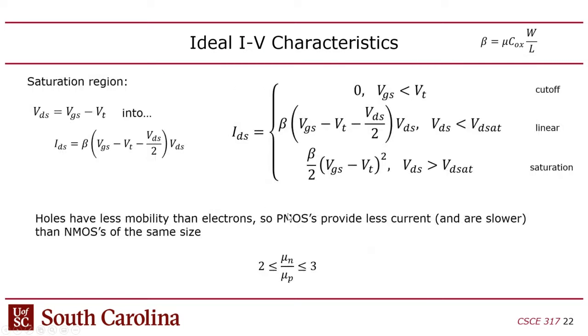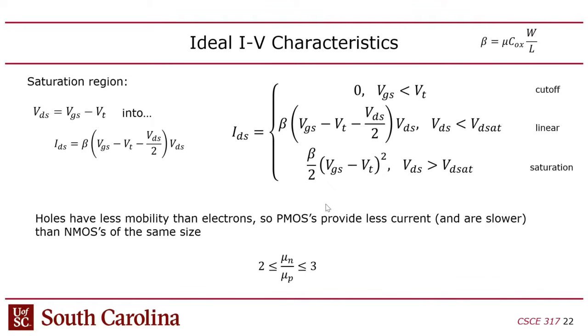But there are two issues with beta. One issue is that the charge mobility is part of beta, and n-doped silicon typically will have twice the mobility of p-doped silicon.